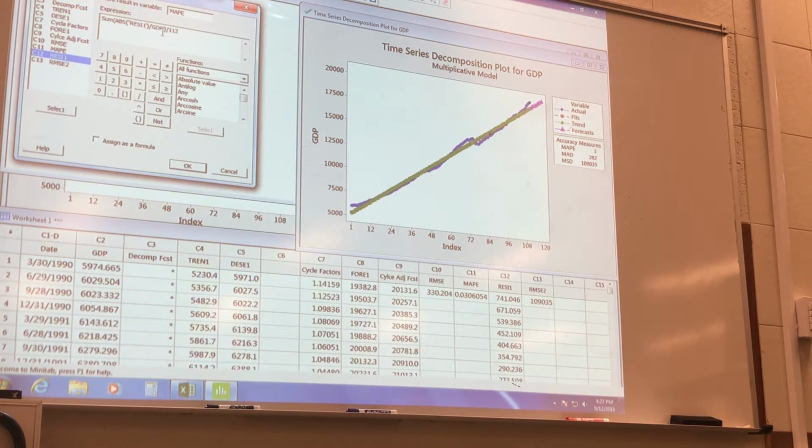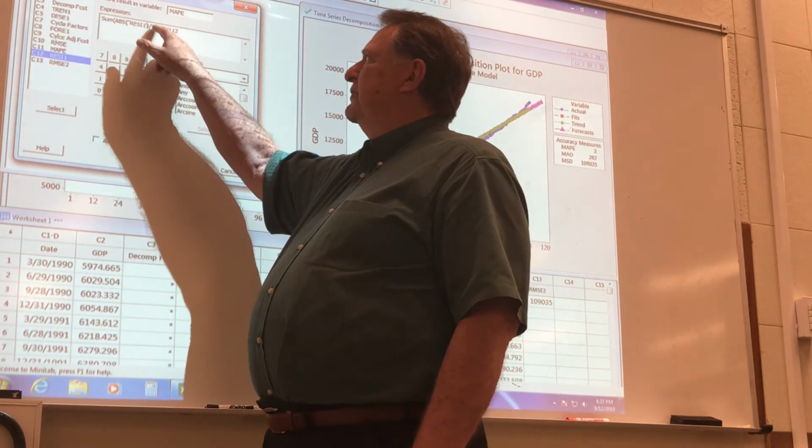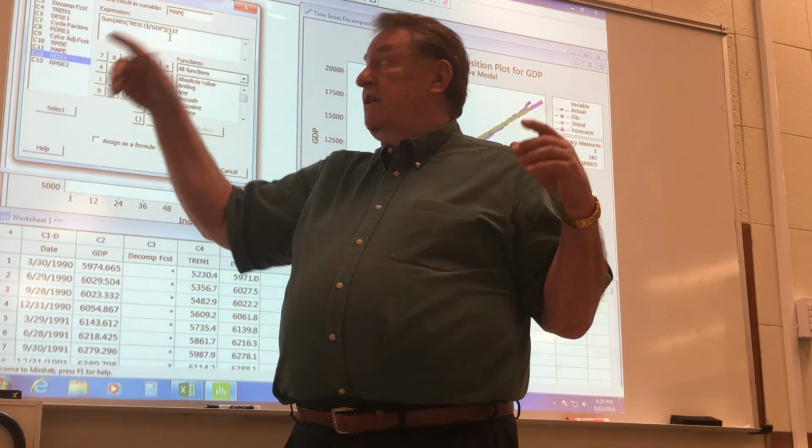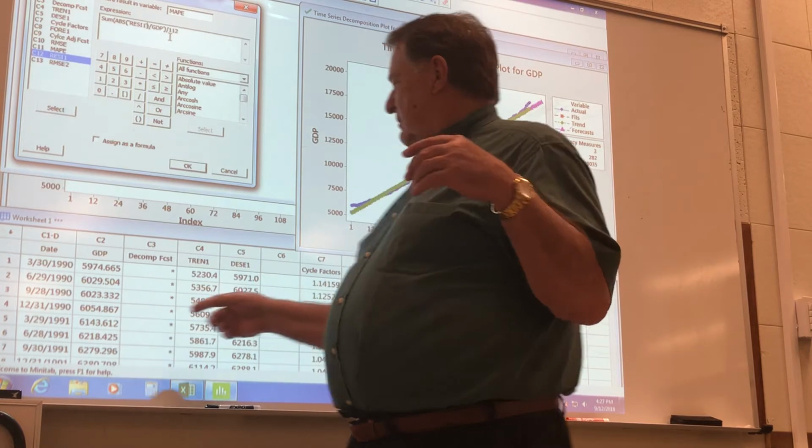So that creates a whole bunch of percentage errors, doesn't it? If I took the residuals, the error terms, and divided them by GDP, I'd get a whole bunch of percentages. You get one for each observation.